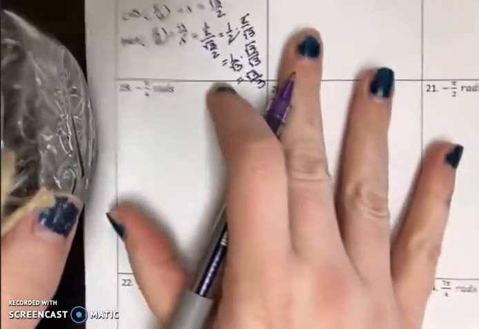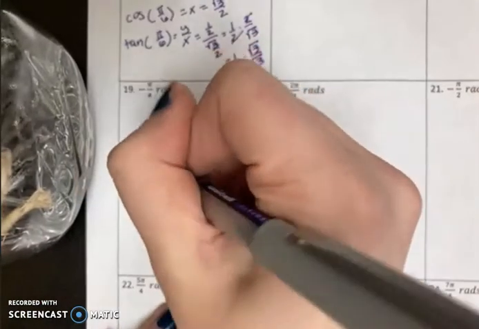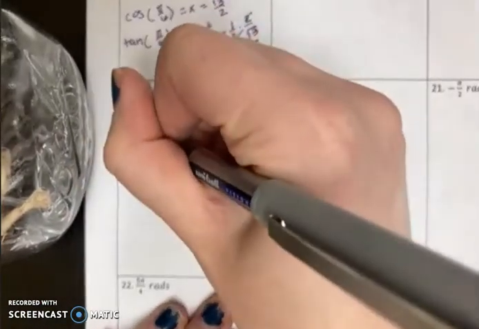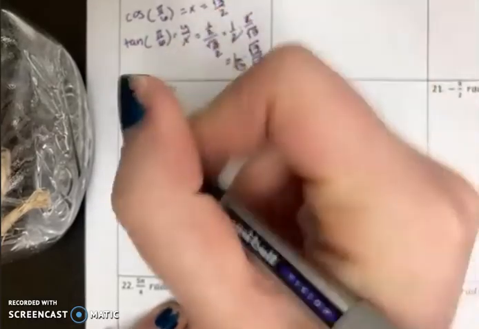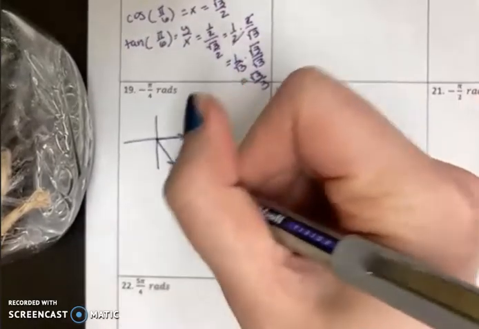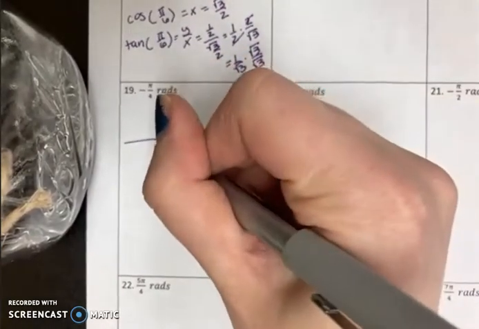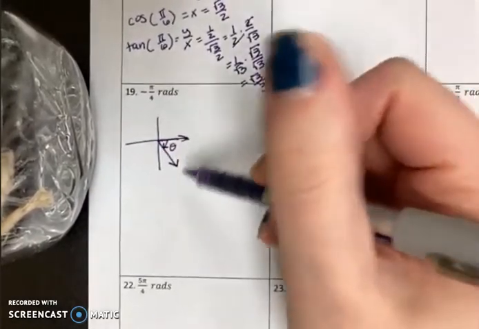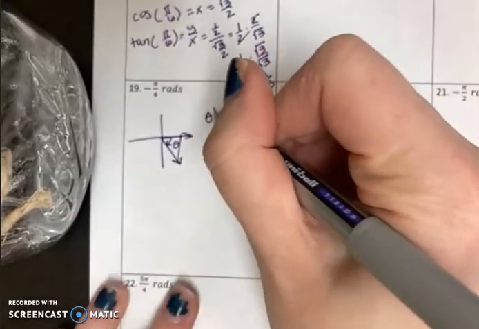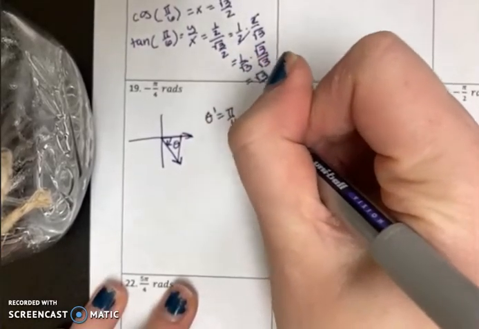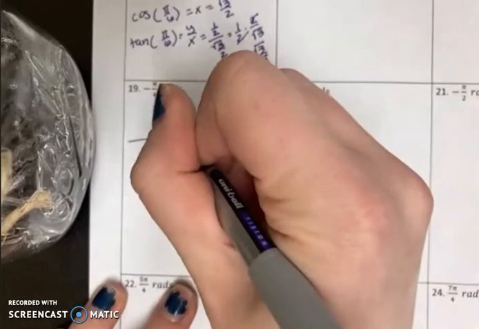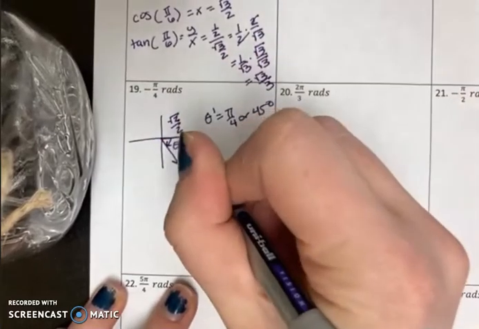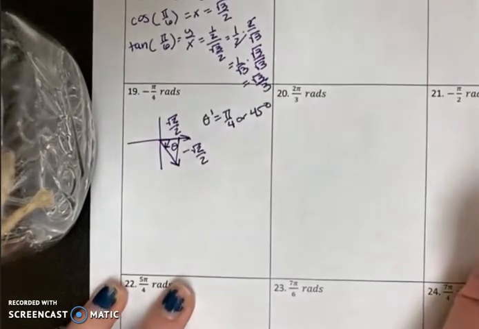Let's do number 19. Number 19 is a negative pi over 4, so that's right here. That's just because I know negative goes this direction. Super simple. Reference angle you should be able to tell is pi over 4, which is 45 degrees. That's root 2 over 2 positive x value, root 2 over 2 negative y value.